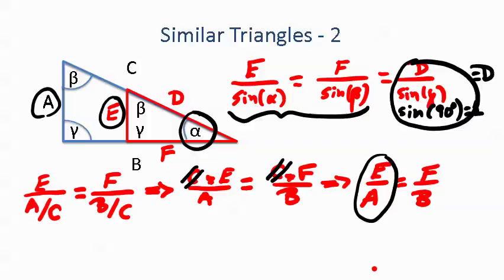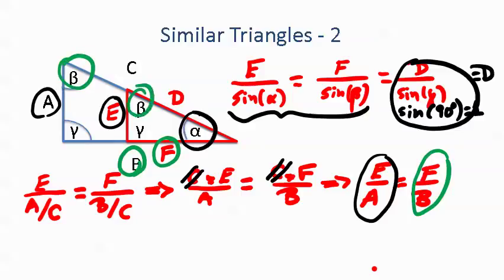And then we observe also the ratio F over B. F over B are the sides that are opposite to angle beta in both triangles. So this is a very interesting result that we are going to use in an example. Of course, when we write this relationship, we have to be careful to write it using the correct opposite sides.